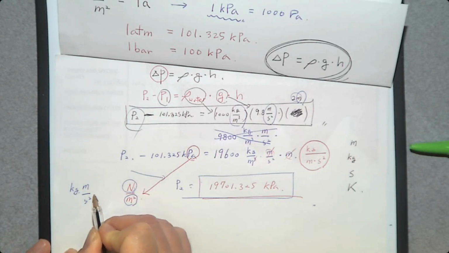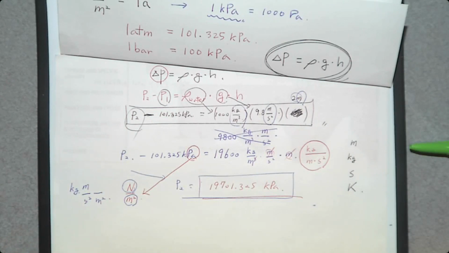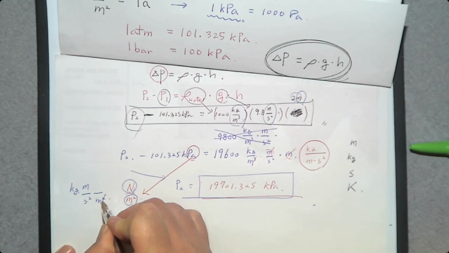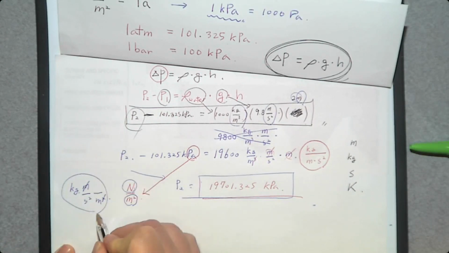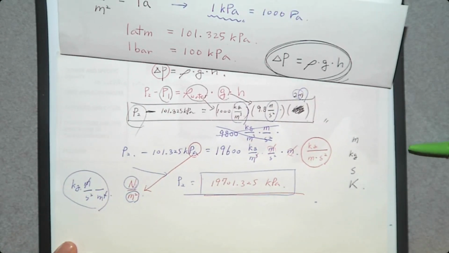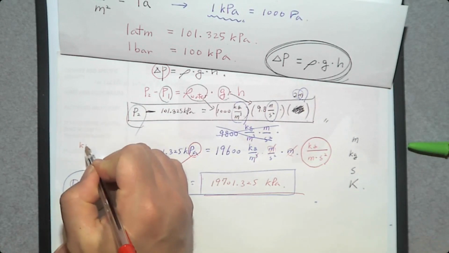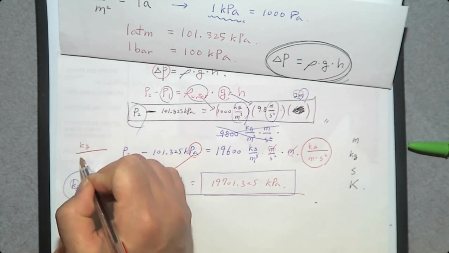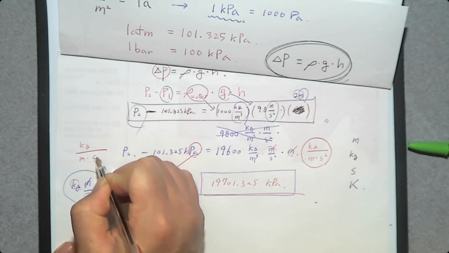So what do we have? Kilogram, meter, second square, meter square. And we have a meter in the numerator and meter square in the denominator. So what do we do? So the unit on the left-hand side is kilogram per meter times second square.